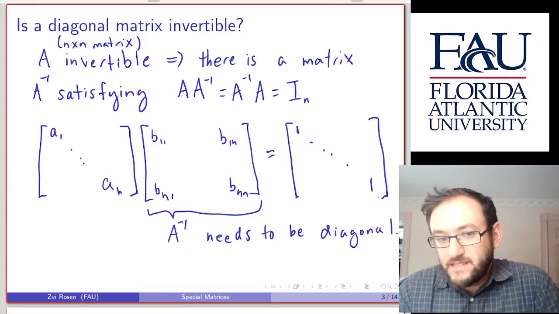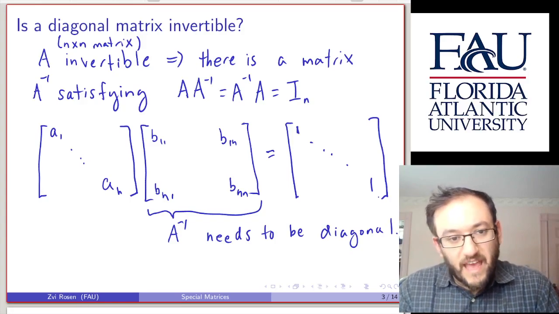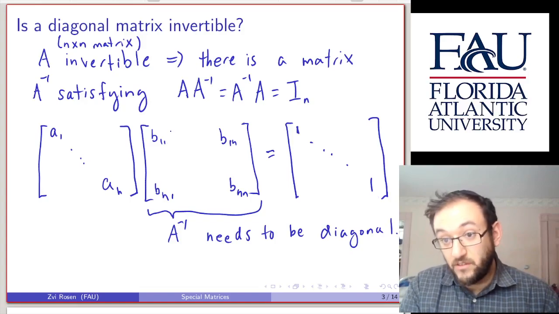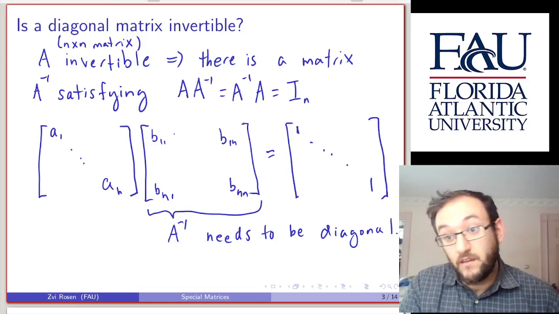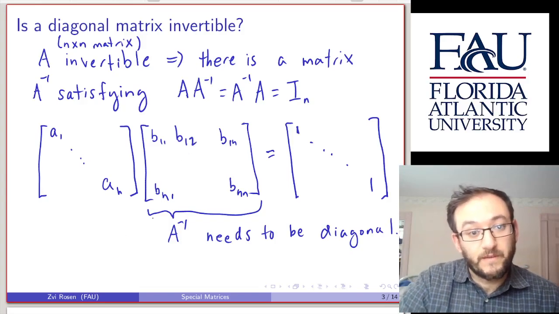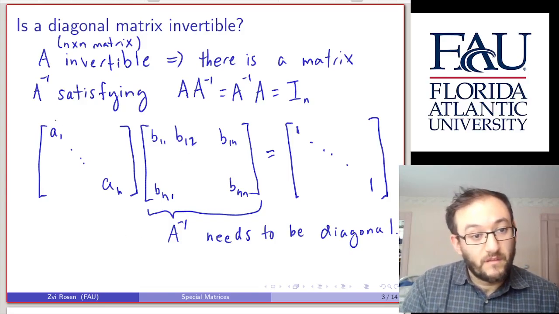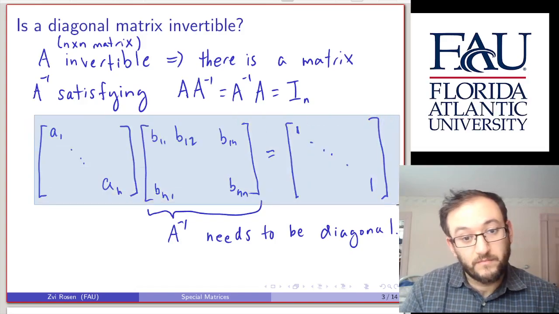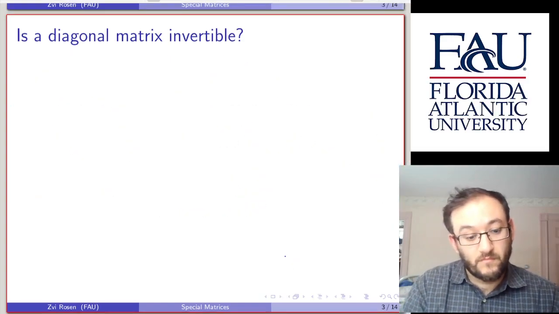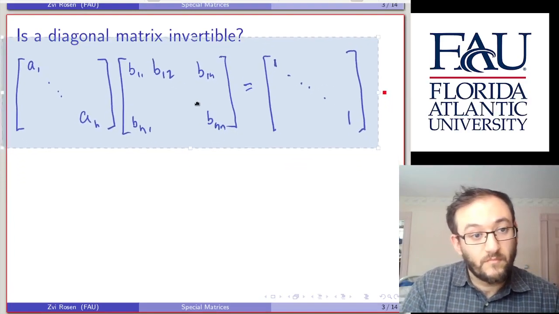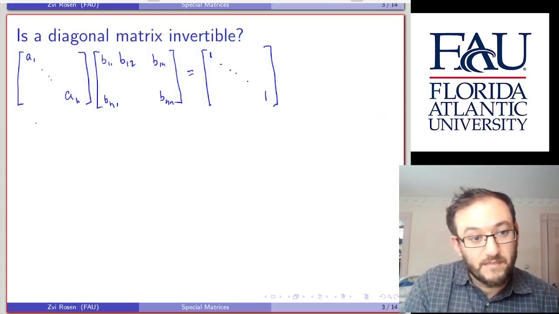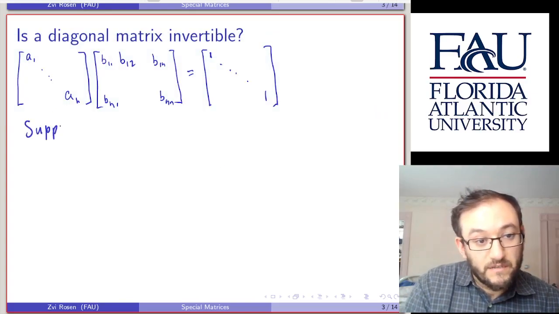So how do we know that the inverse needs to be diagonal? Well, suppose we have some off-diagonal entry which is non-zero, for instance b_12. We're going to suppose that b_12 is not equal to 0.